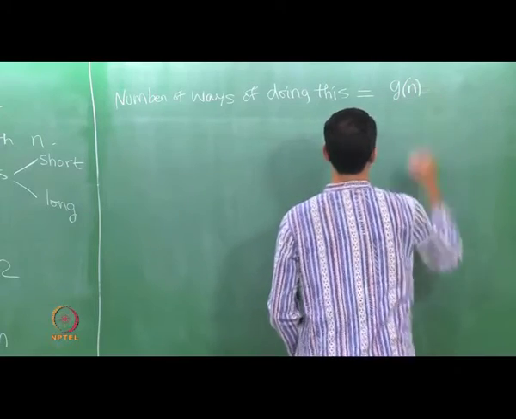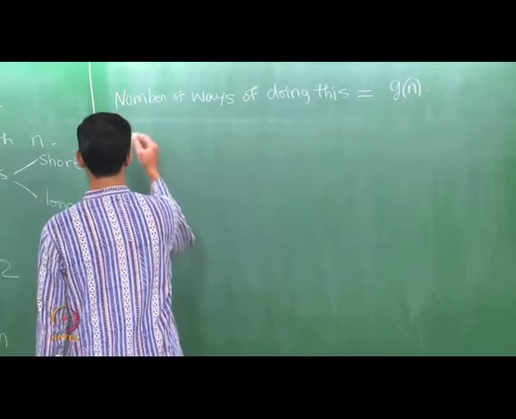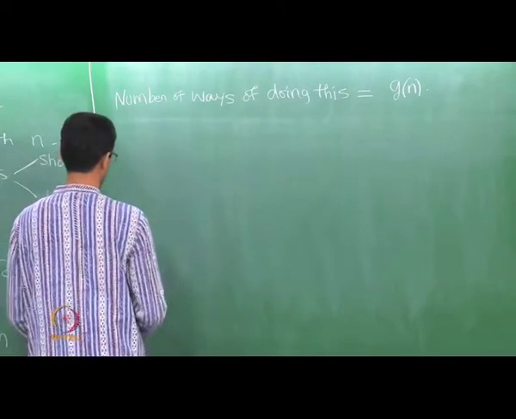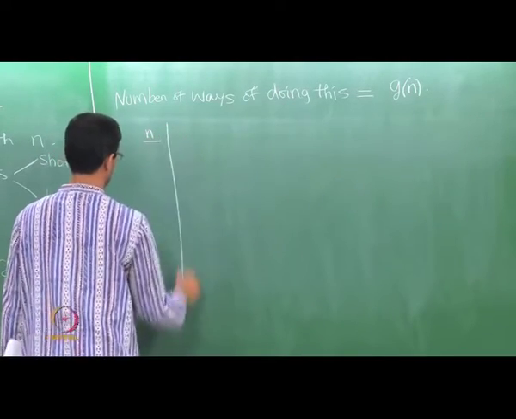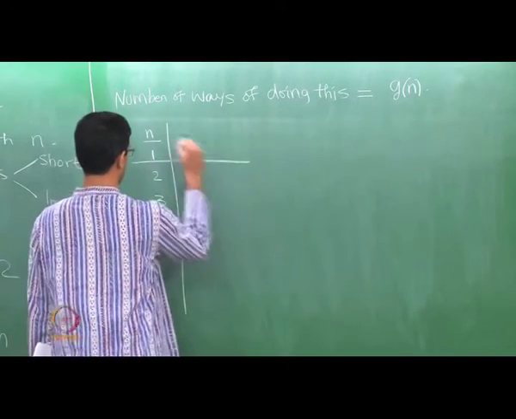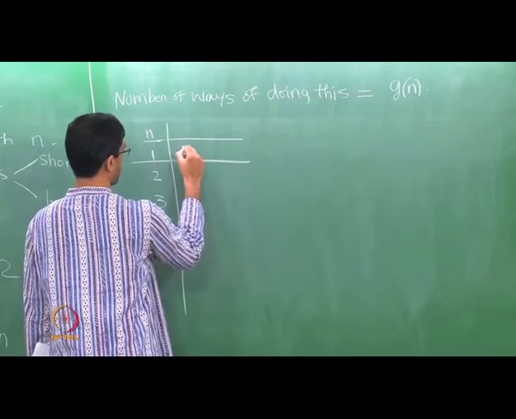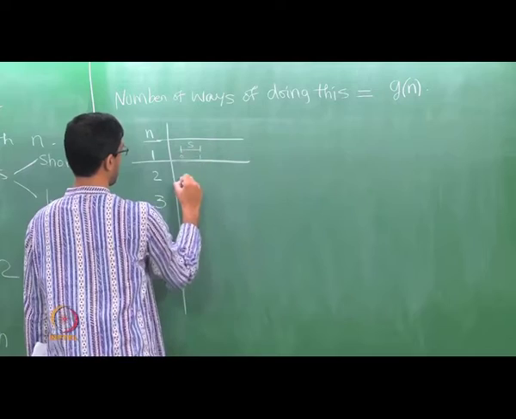So of course it depends on n. And so here's the observation. We could of course try this out for some small values of n. So if n is 1, what are the possible configurations? You can only have a short block because, well, the total interval has length 1, so you can only fill it with a short block.